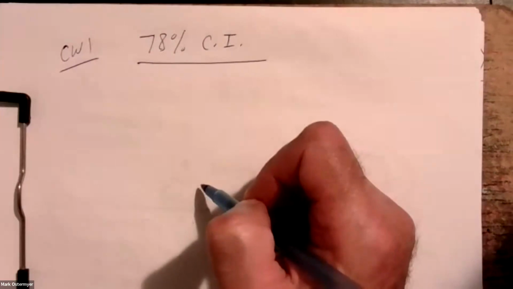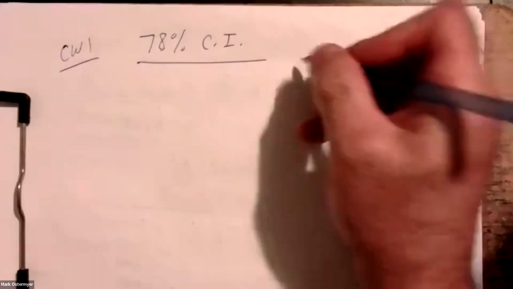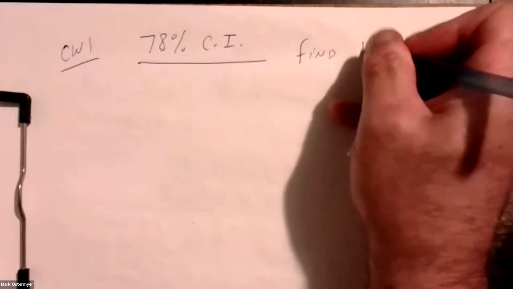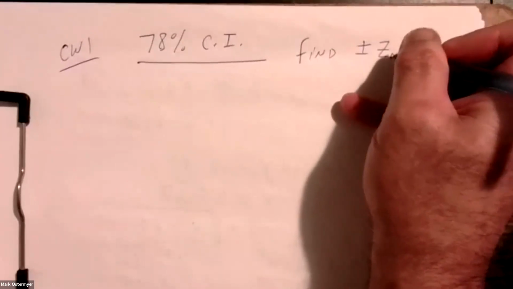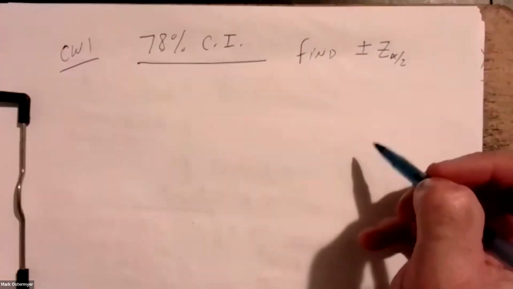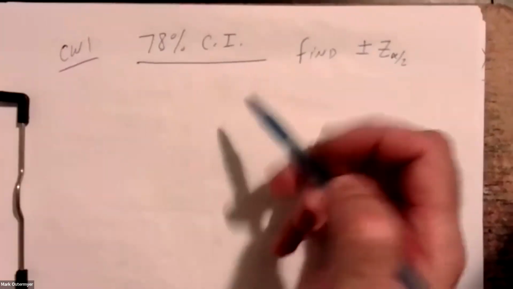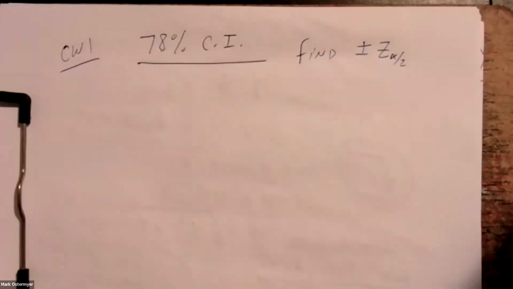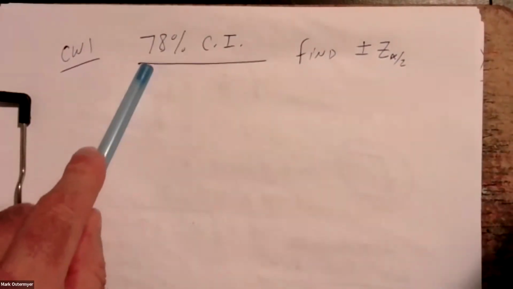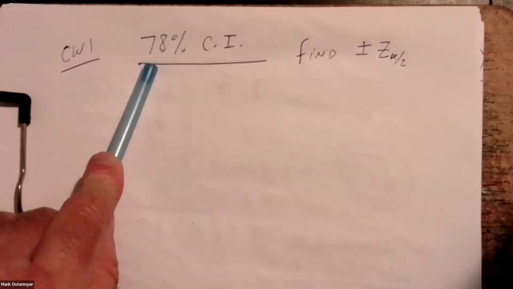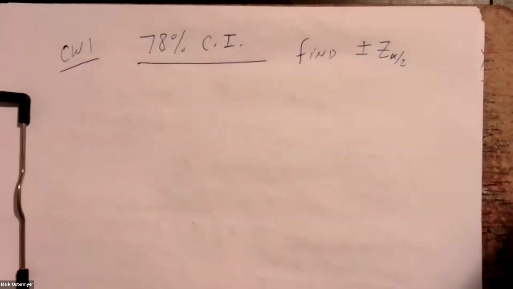You guys go ahead and do that. We'll call that classwork one. I want you to find plus and minus Z sub alpha over 2, the critical Z values, to build a 78% confidence interval. This is one that's not normally built, okay, but I want you to build it using your calculator to find those critical Z values. Go ahead and do that.